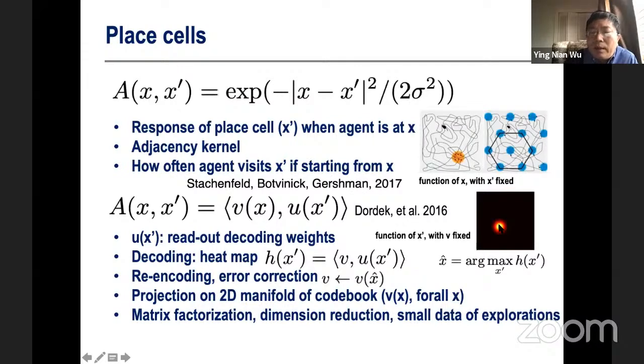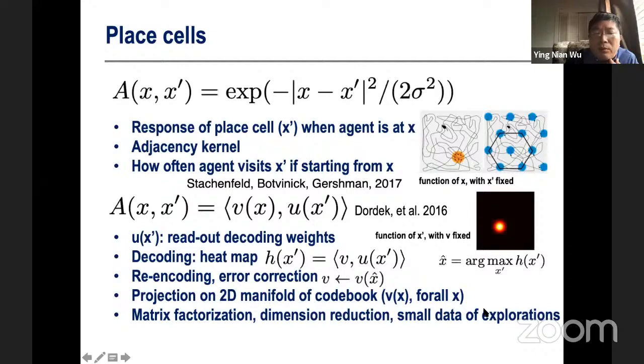If you do a non-maximum suppression, you get a one hot position. So you know where you are because you know how close x prime is to the position encoded by this v. After you decode the position, let's call this x hat, which is the argmax of this heat map, you can transform this into a one hot map.